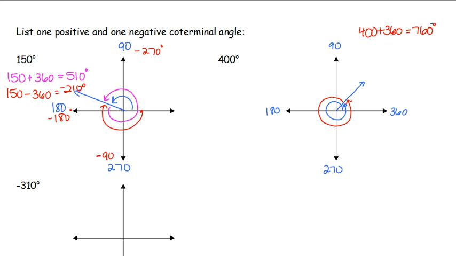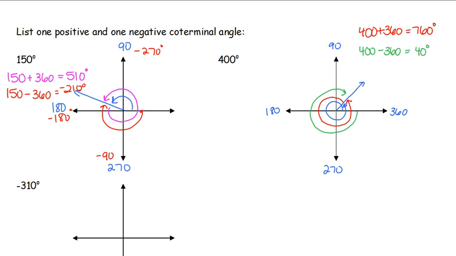Now when we go to find that negative coterminal angle, we know that it's from 0 going the other direction. However, when we do 400 minus 360 degrees, we're left with a positive angle, and we know that it's going to be a negative angle.